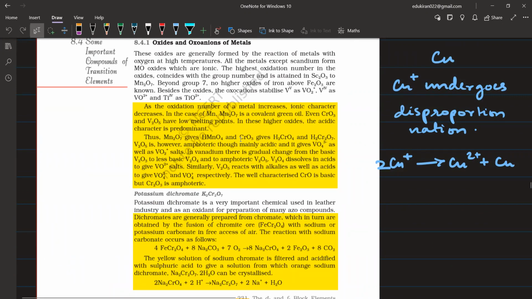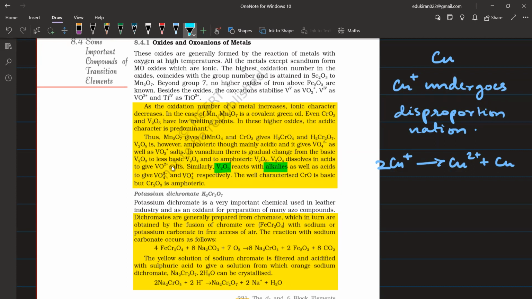Sir, here it is saying in the second line, it's saying V2O5 gives VO4 3 minus and VO2 plus salts. But in the second to last line, it's showing VO4 3 minus and VO4 plus salt. Sir, so which one is the salt which it forms, sir?